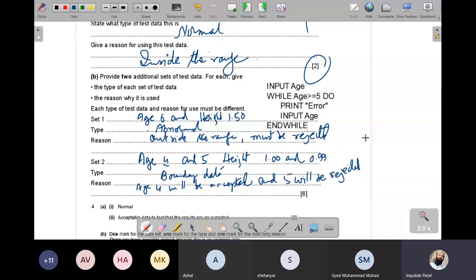Yes, students. Now we are clear about the boundary data. Now we are clear. Sir, if we write extreme here, then we would write age 4 and height 0.99, that's it. How? Age 4 and height 0.99.